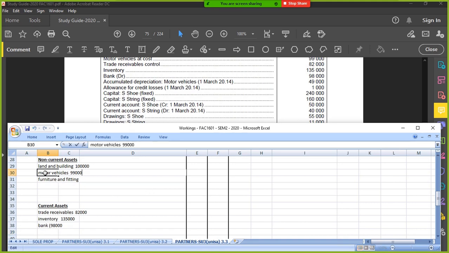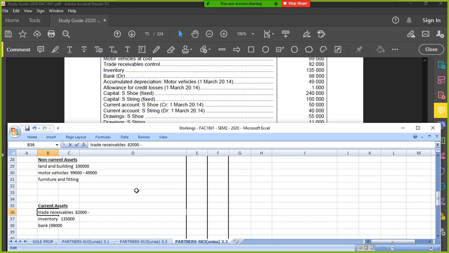Accumulated depreciation would be a negative asset, so we'd minus it, 49,000 from vehicles. Allowance for credit loss would also be a negative asset, so 1,000. So we'd minus it from trade receivables.